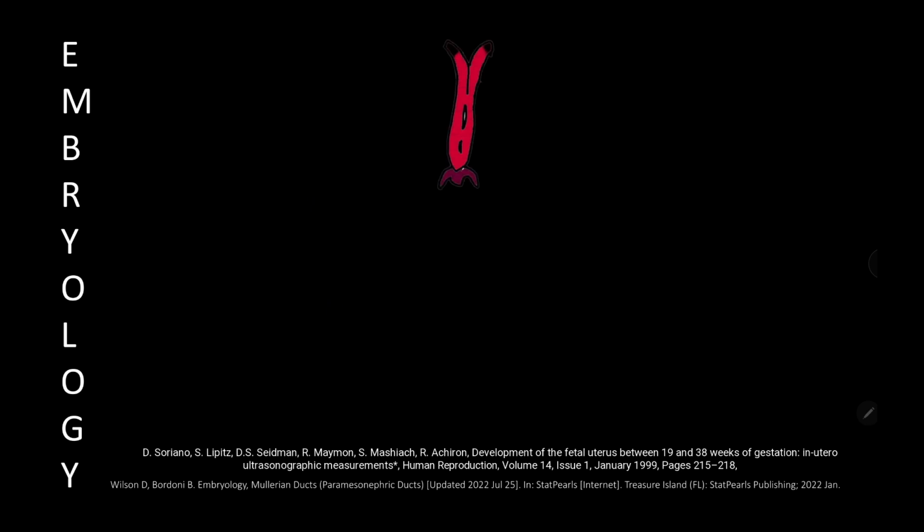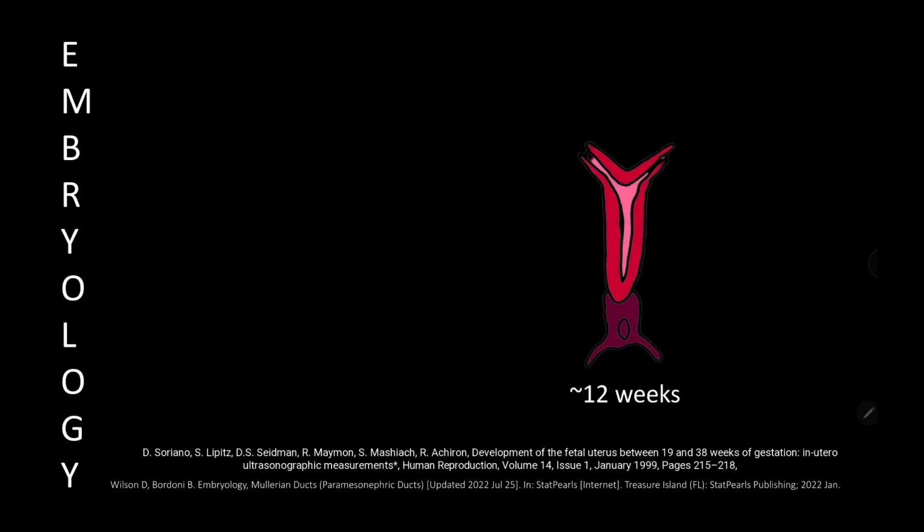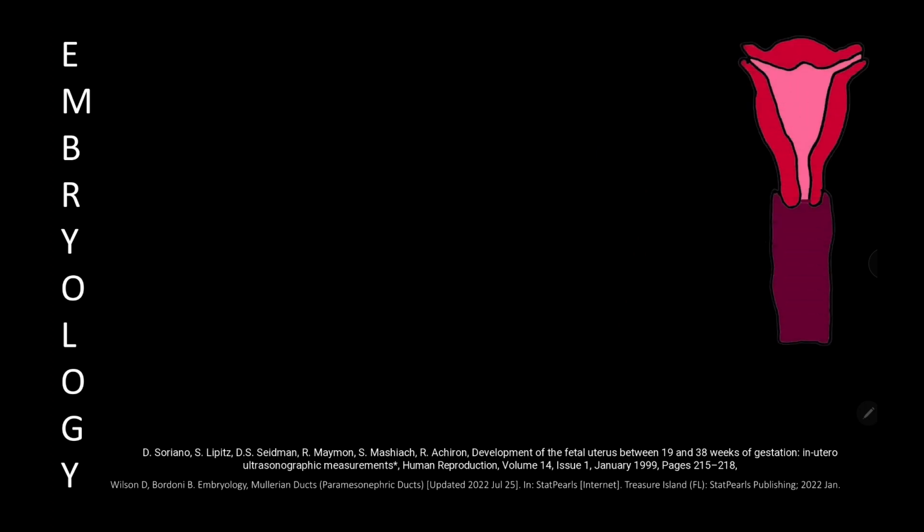The fusion occurs from the caudal to the cranial direction, which is important to know for classifying the Mullerian duct anomalies, and also to understand them. At around the 12th week of gestation, there is a gradual resolution of the septa which has formed, and by the end, at around 36 weeks of gestation, the normal uterus which is seen after birth is formed.